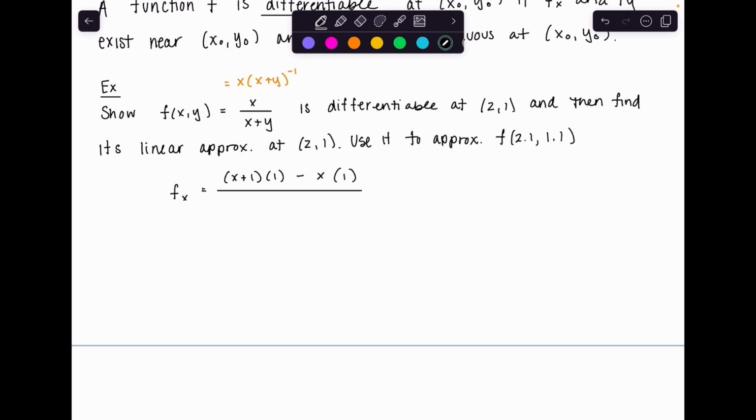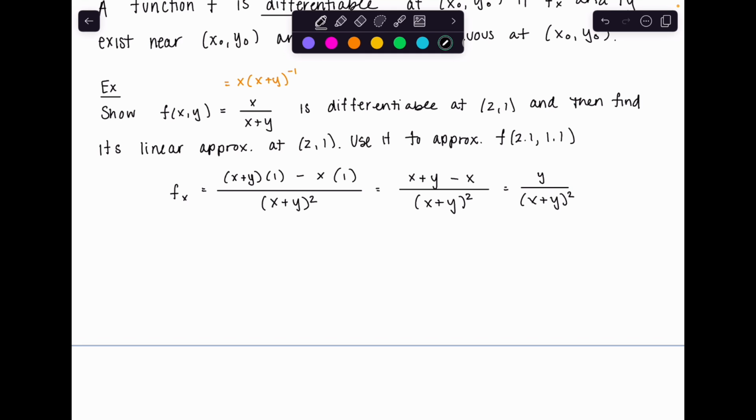And then this is all over low squared. So this ends up being x plus y minus x in the numerator over x plus y squared. So it gives me y over (x plus y) squared.